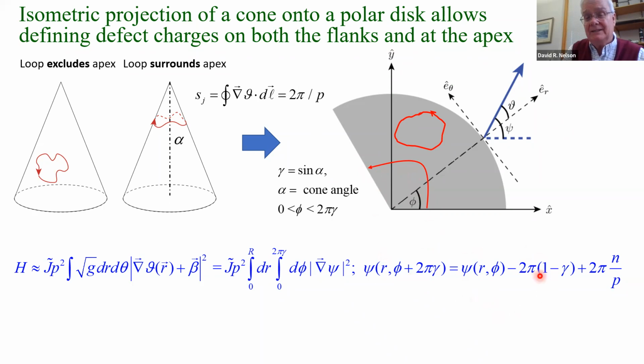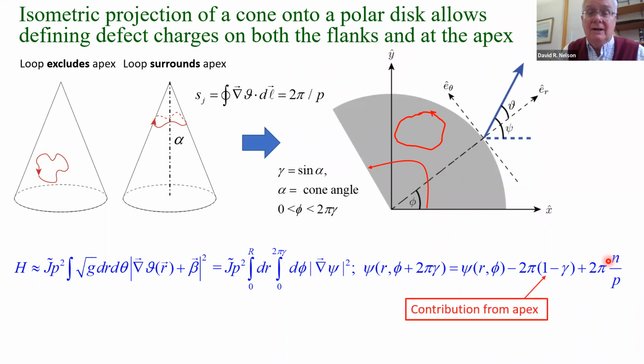One is from the apex, so you can think of this as a kind of geometrical charge from the apex, and then from whatever number of defects are inside this red loop will contribute. They have a charge 1 over p for p-atic liquid crystals, and if there are n of them, you'll get this extra piece. And that turns out to be enough to figure out everything with free boundary conditions.